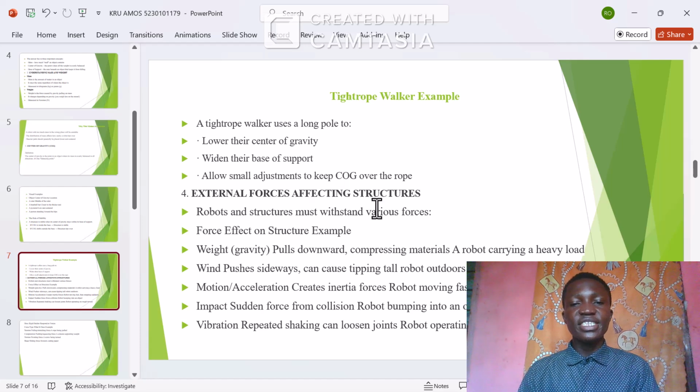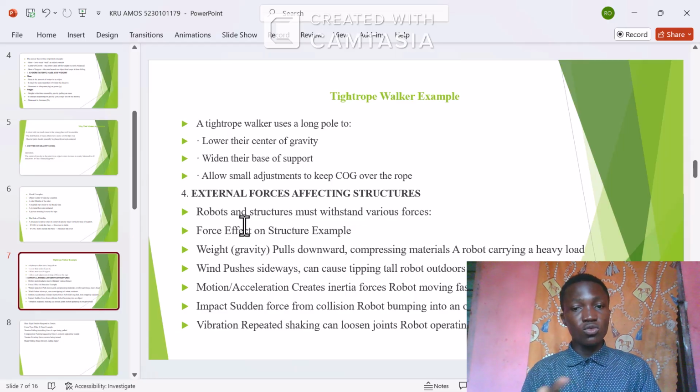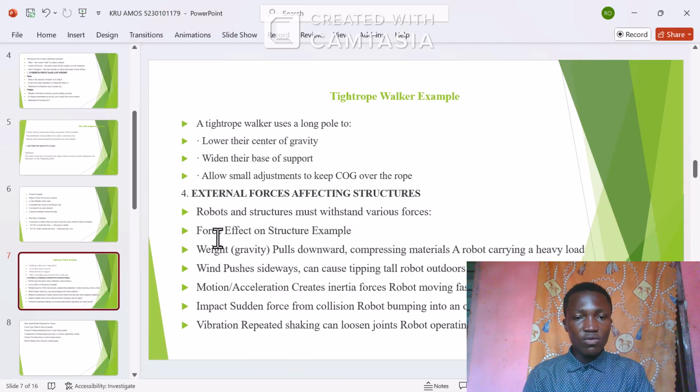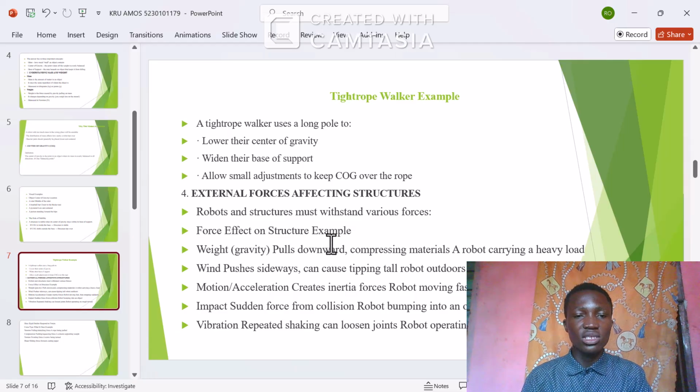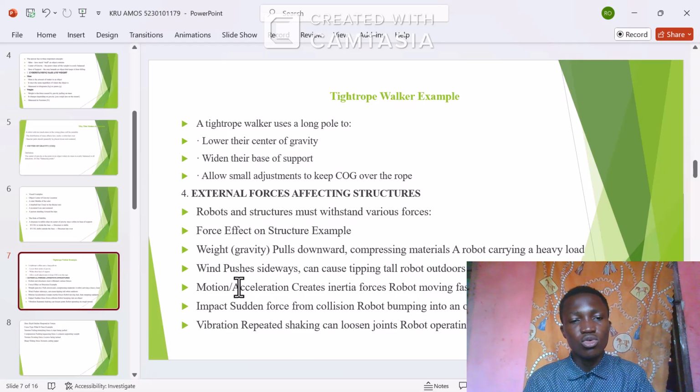External forces affecting structures. Robots and structures must withstand various forces. Weight pushes downward, compressing materials. A robot carrying a heavy load, or being pushed sideways, can tip, such as a tall robot outdoors.